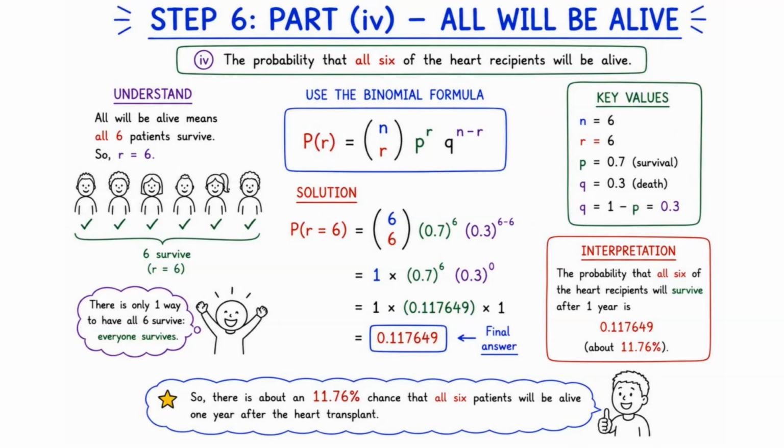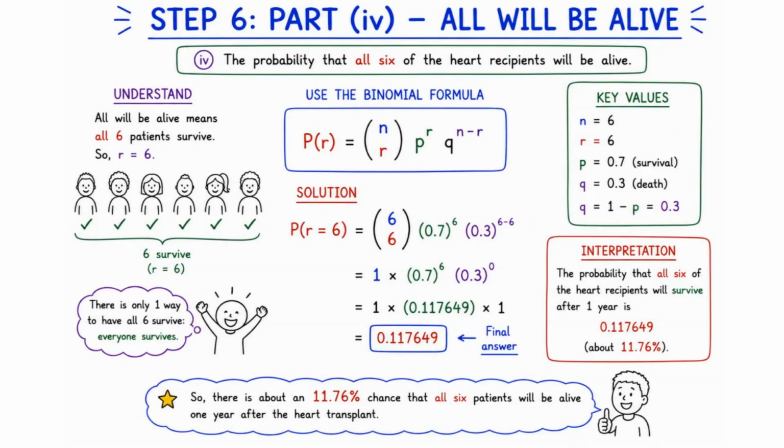Just one way. Also, 0.3 raised to the power 0 equals 1. Therefore, our answer is simply 0.7 raised to the power 6, which equals 0.117649, or approximately 11.76%.